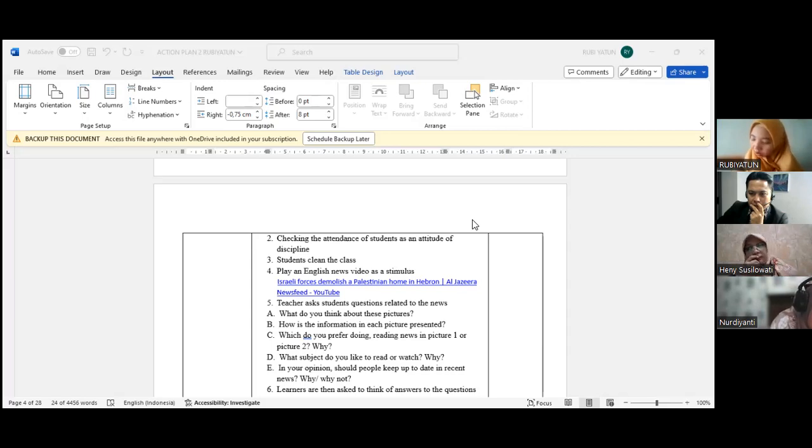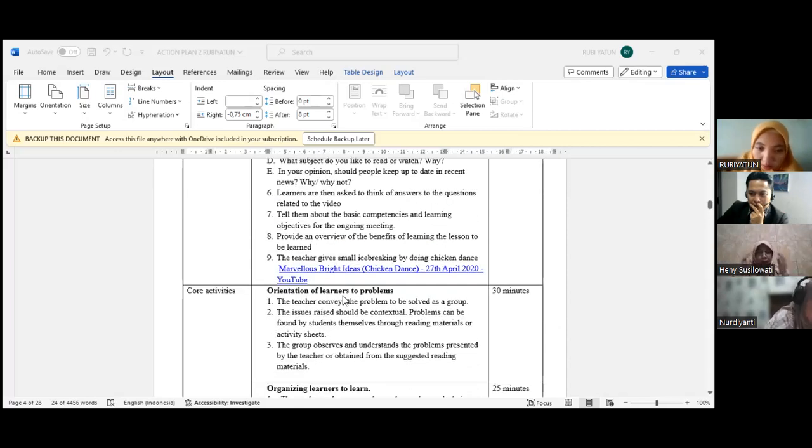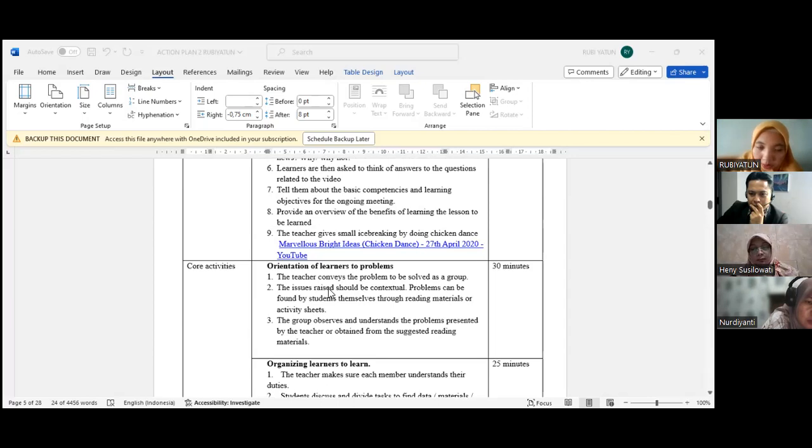For example, at the first step, orientation to the problem, the teacher displays the video and the article, and displays many news items.